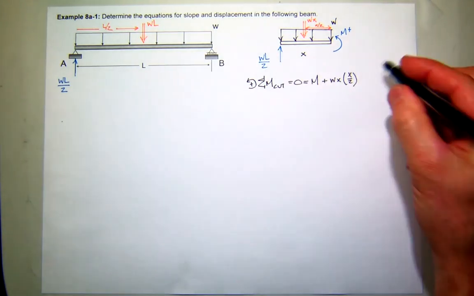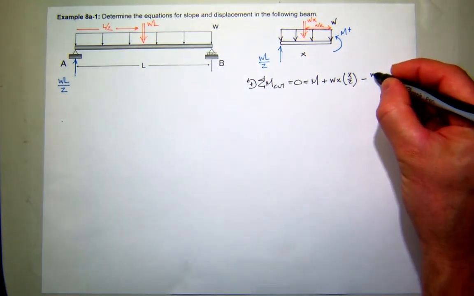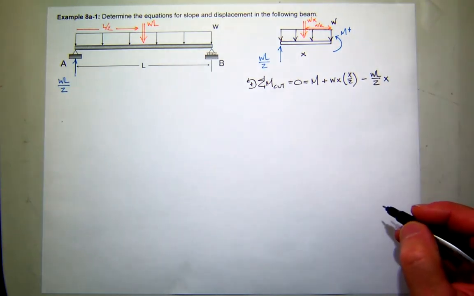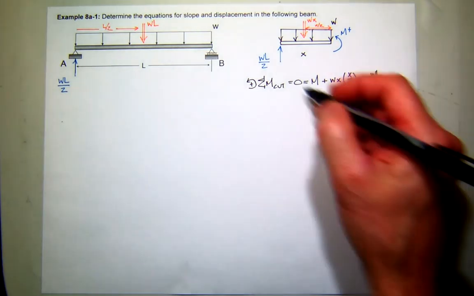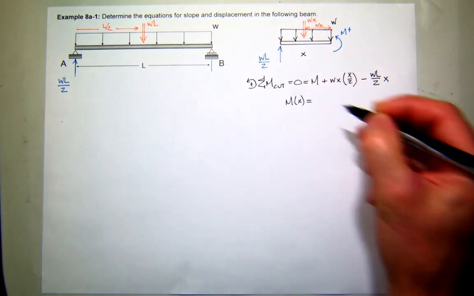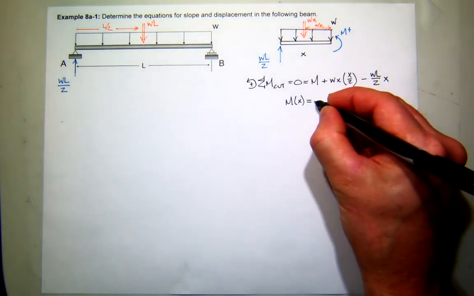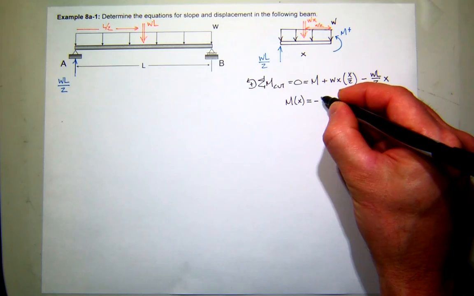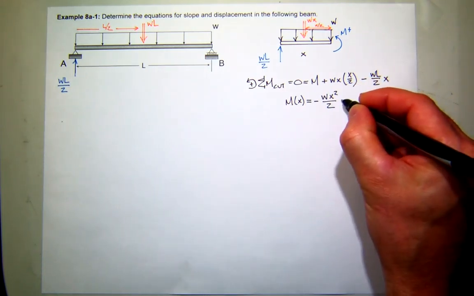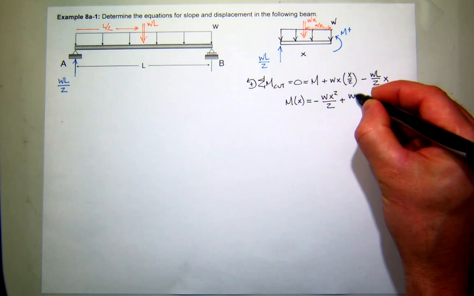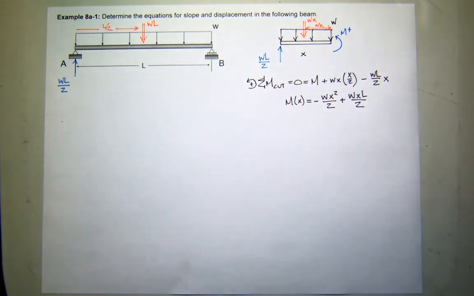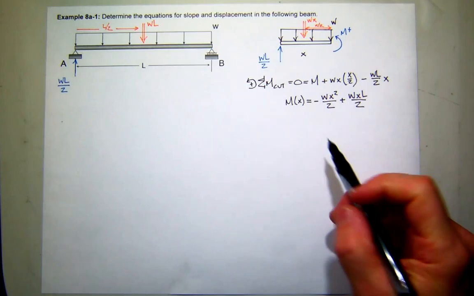And then the reaction creates a negative moment of WL over 2 times x. So just rearranging my terms, I can write an expression for my moment that will be negative Wx squared over 2 plus WxL over 2.